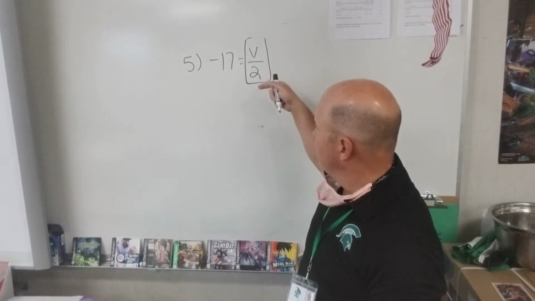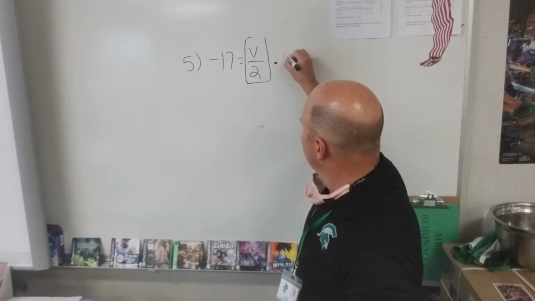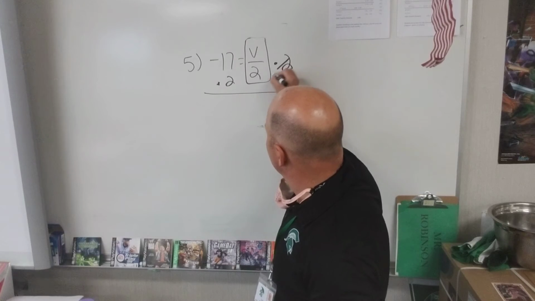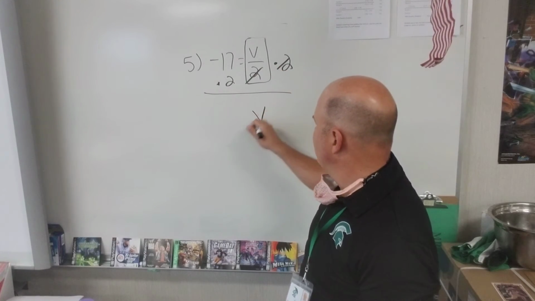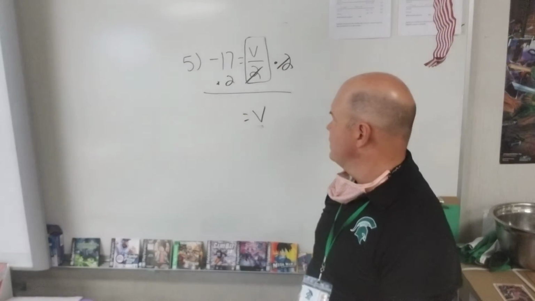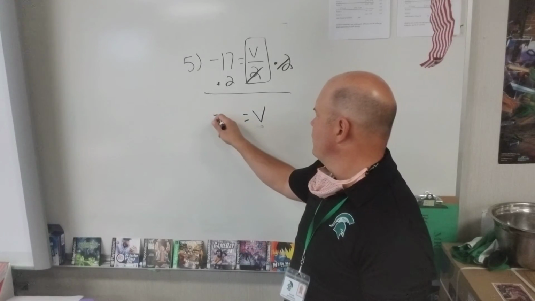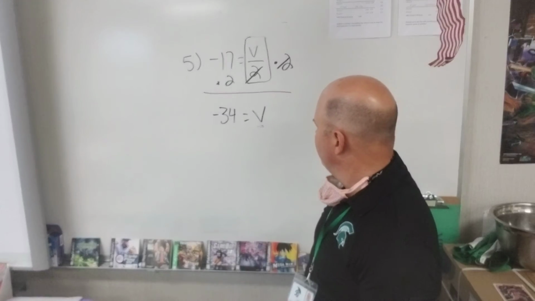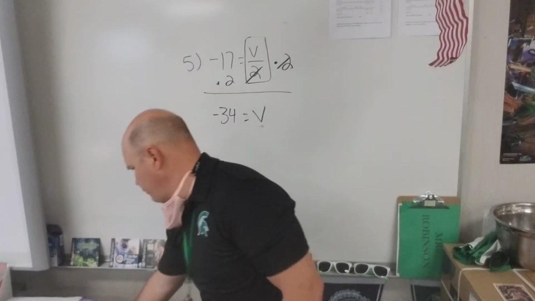If I'm dividing, its opposite is multiply by 2. I'm just going to multiply both sides by 2. These cancel, so now v is all alone. And in this case, negative 17 times 2 is negative 34. I'd be done with my problem. v equals negative 34.